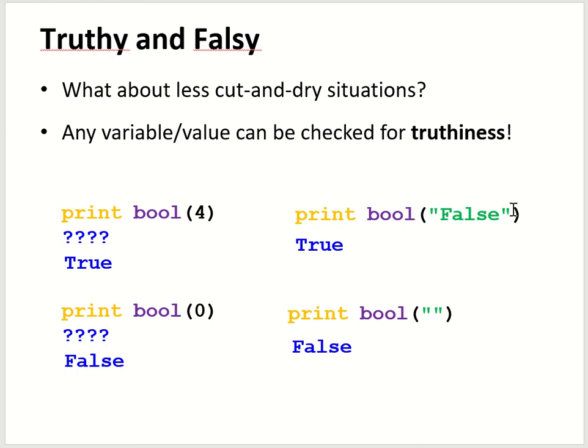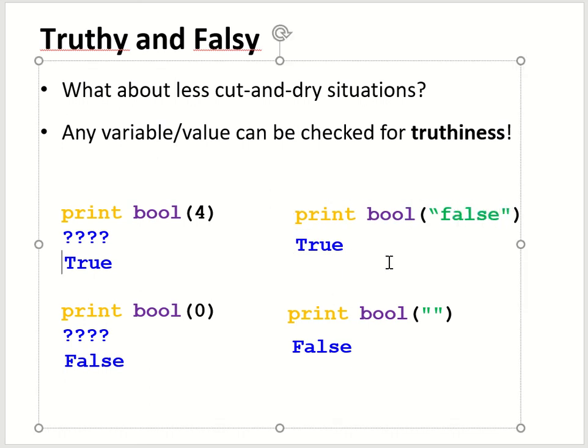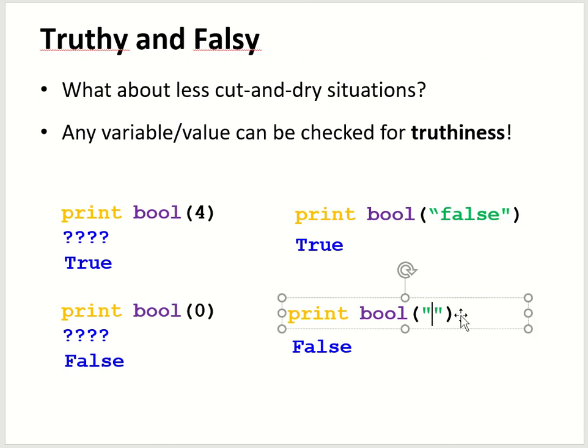If you input a string, a sequence of characters, into the built-in function bool, like we do here, it doesn't matter what it says, if there are any characters there, the value will be true. If you input an empty string, no characters at all, the Boolean value is false.